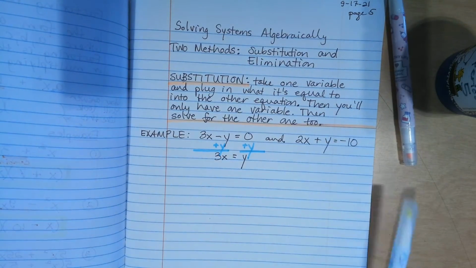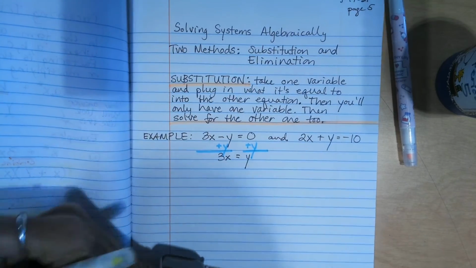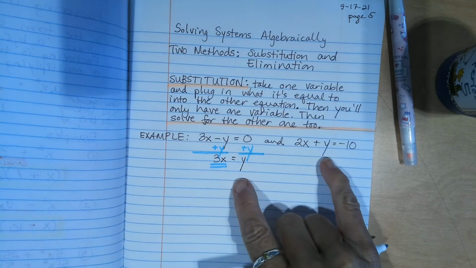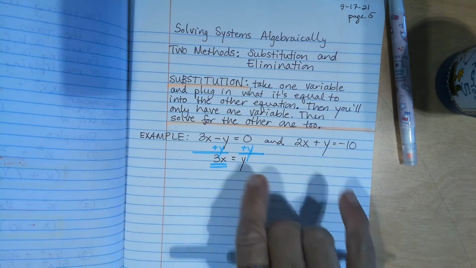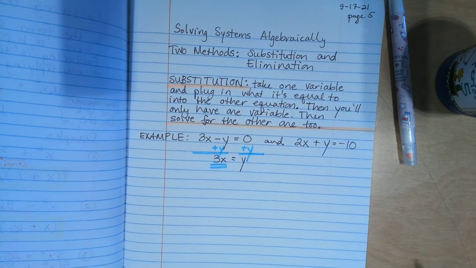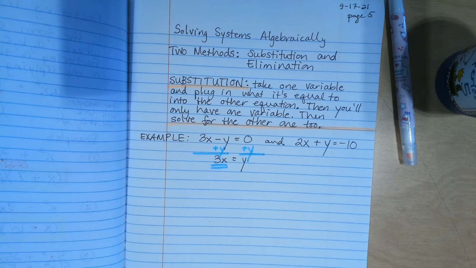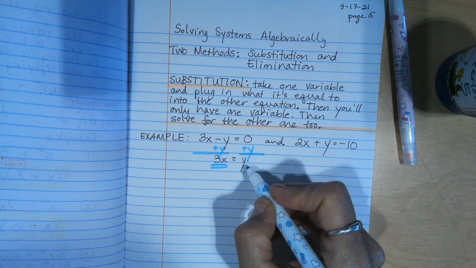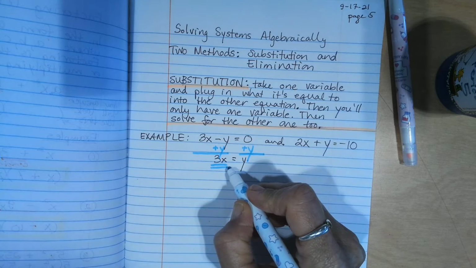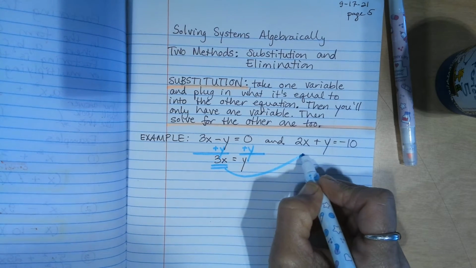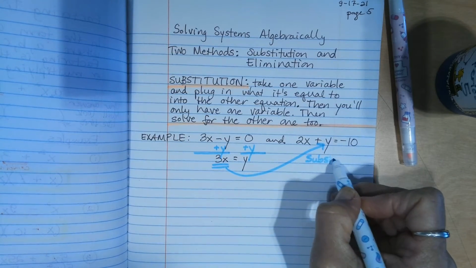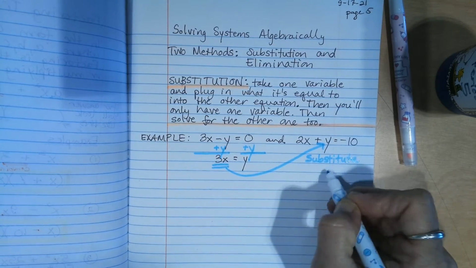Now, I'm going to take this 3x, y equals 3x. And this y and these x's, they're all the same, so you can substitute one for the other. Since y is equal to 3x, I'm going to substitute this into here where y is. Substitute here.